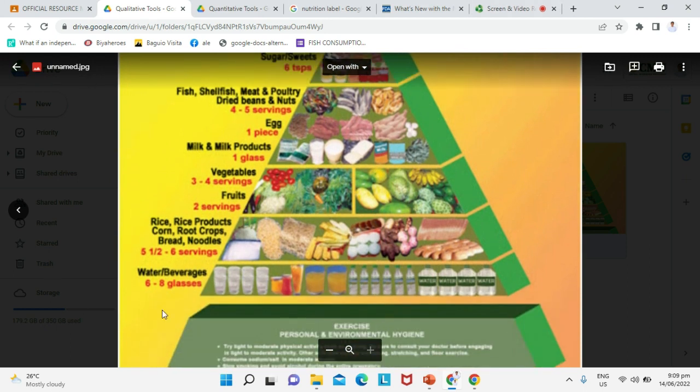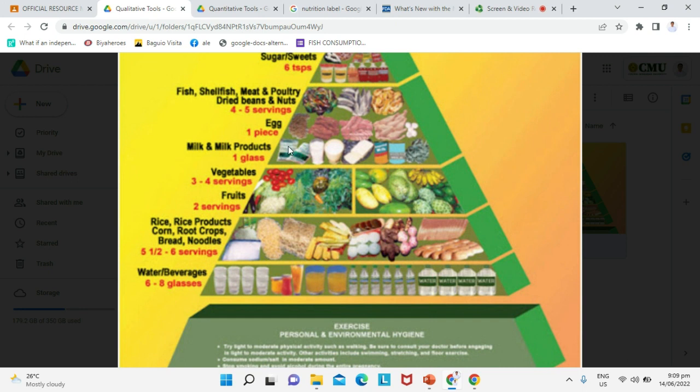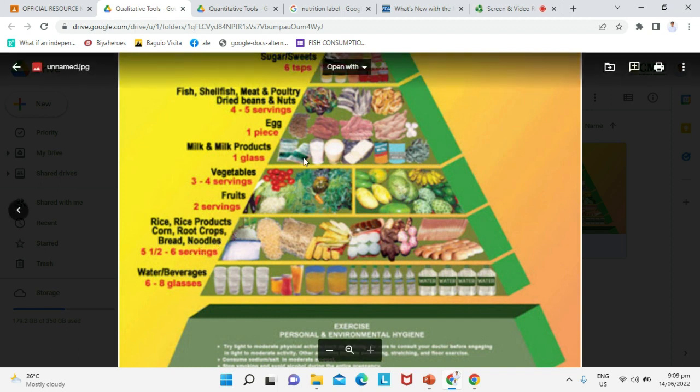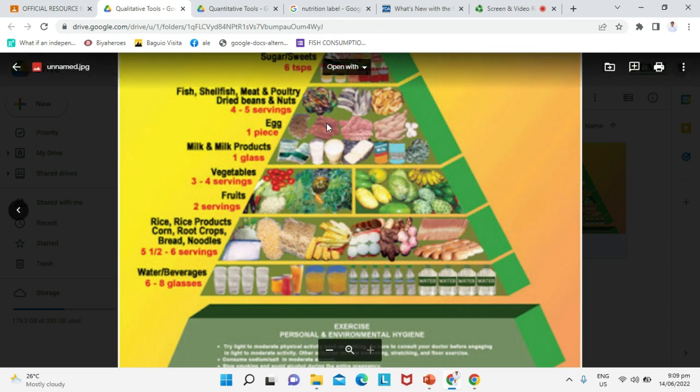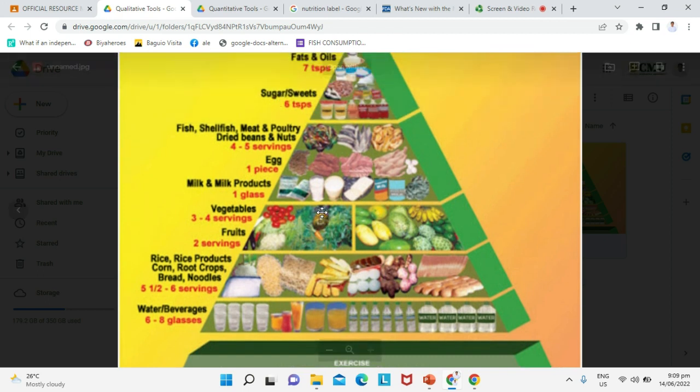These numbers allow you to know the specific portion sizes that you need daily for these groups.